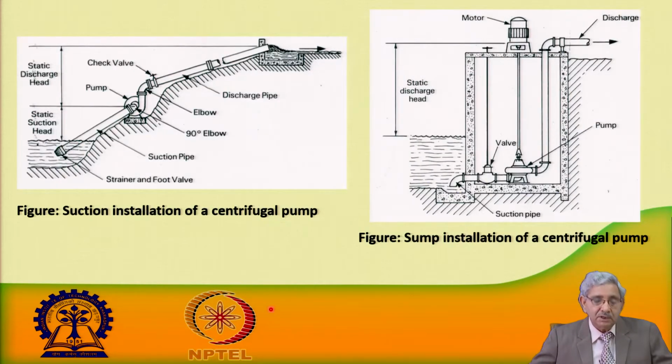You can see here the pump installed at ground level, and water is taken from a pond or a river and lifted to some hilly part of the region, and then water is supplied at that particular place. This could be another situation where the suction installation of the centrifugal pump is done.